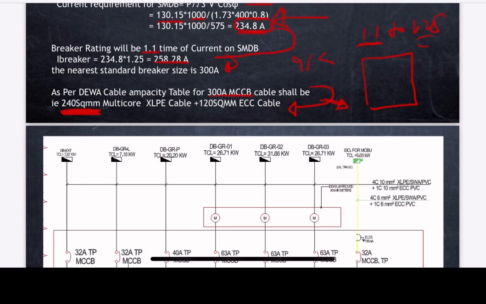Now I will show you the DEWA chart where it is mentioned which cable size we will use for a 300 ampere MCCB breaker.